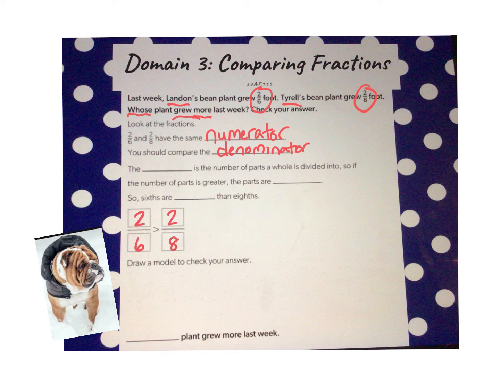And I'm going to make sure I label, this one is Landon, so I'm going to put an L here, and this one is Tyrell, so I'm going to put a T there. Okay, and so we're going to compare, and I'm going to draw my models down here just to prove my answer is correct, that 2/6 is greater than 2/8, because I'm thinking of the fractions, and I know that 6ths are bigger than 8ths. Okay, so I'm going to prove it right here.